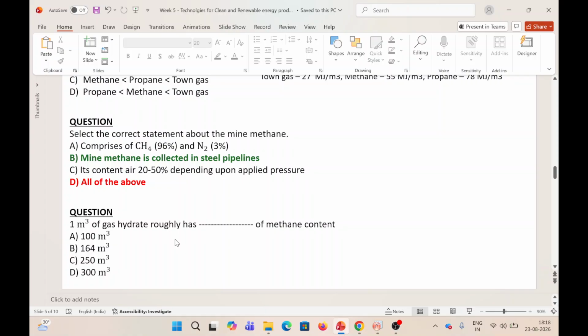So I modified this question a little bit. I think something was missing. 1 meter cube of gas hydrate roughly has how much amount of methane content?